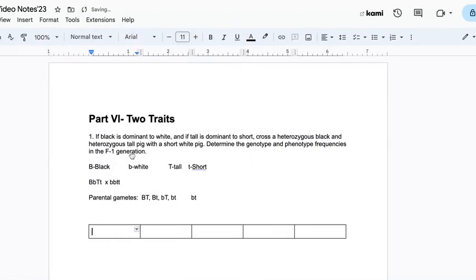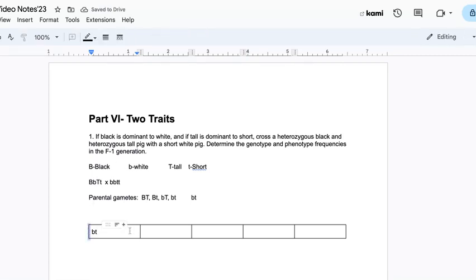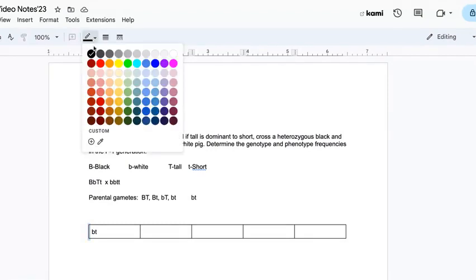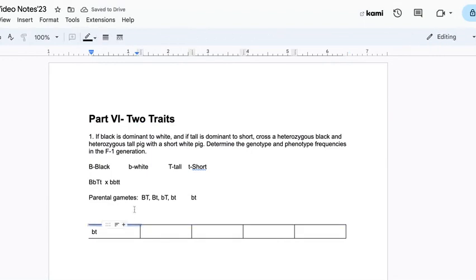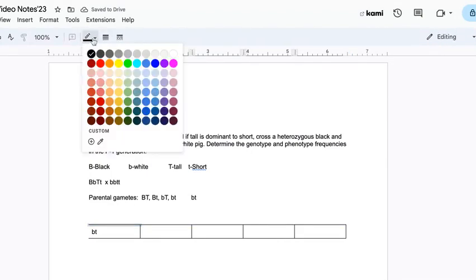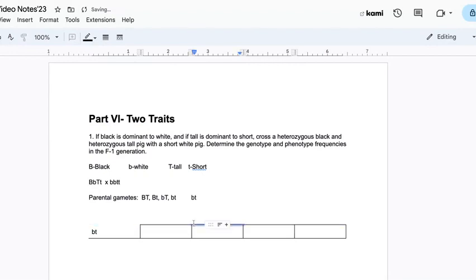There we go. So you would put the little b, little t allele here, and I'm going to see if I can delete that. Make it white. There we go. So that's deleted. We'll delete that one as well. Okay, so that looks a little bit better.